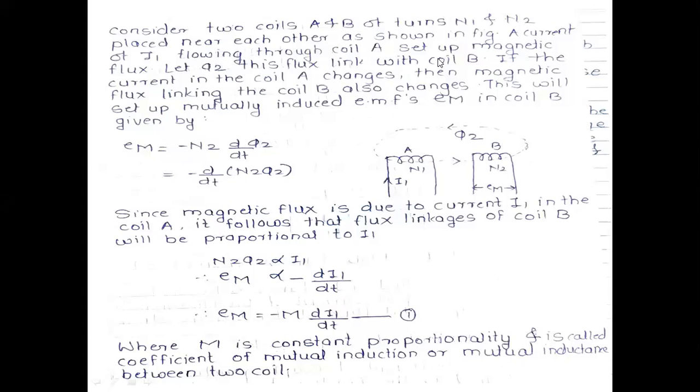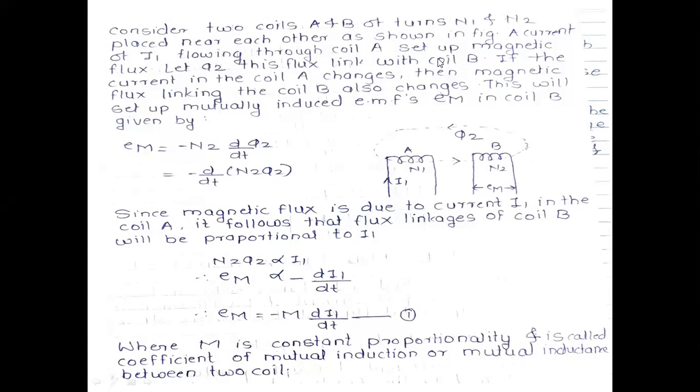This flux phi 2 links with coil B. This flux links with coil B, full stop.